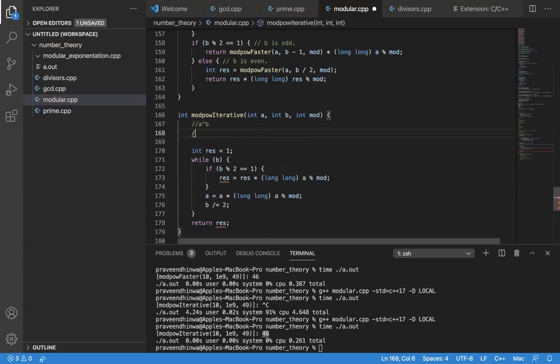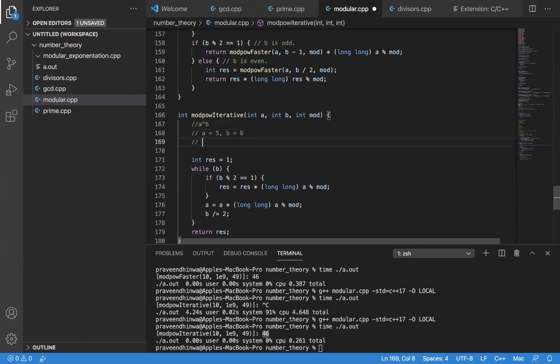Suppose a was 5, and b was, let's keep it 6. What is the binary representation of 6? We can say 4 plus 2, so its binary representation will be 1 1 0.